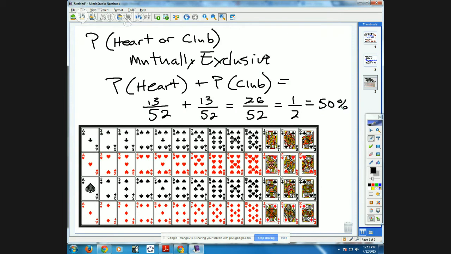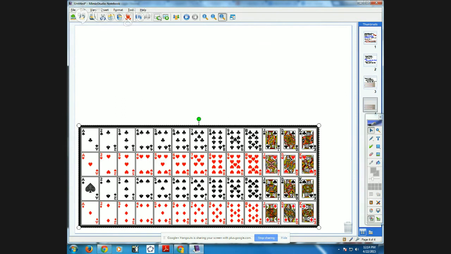All right, let's repeat that. How about the probability of getting a heart or a face card?